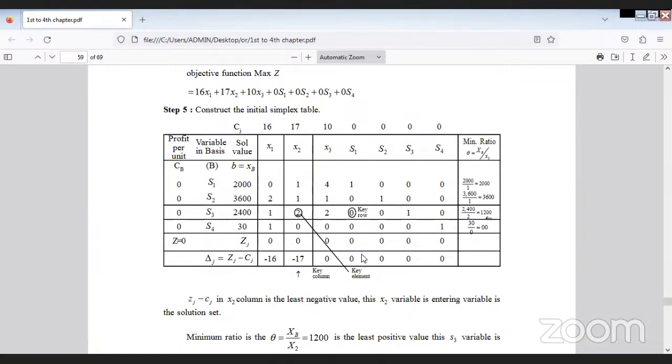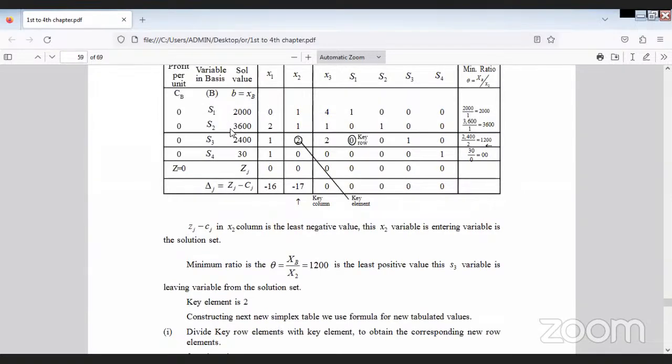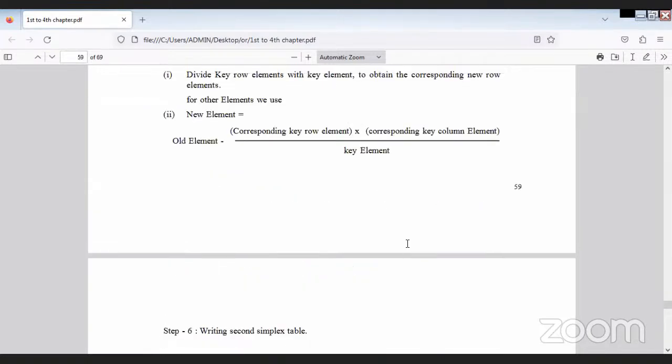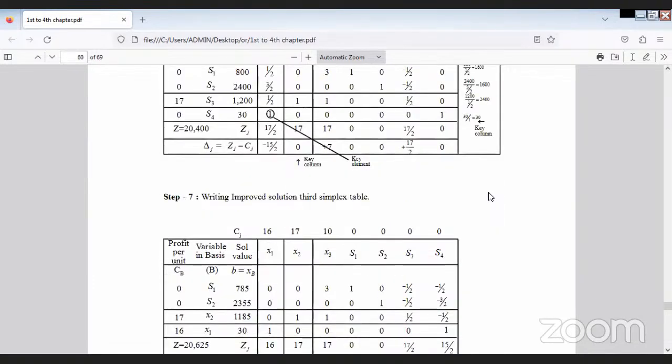Because 2000 minus 1200, what we are taking here, that is the 800 we are writing here. And 2400: 3600 minus 1200 that is 2400. And again 2400 minus 1200 that is 1200 we are taking here.